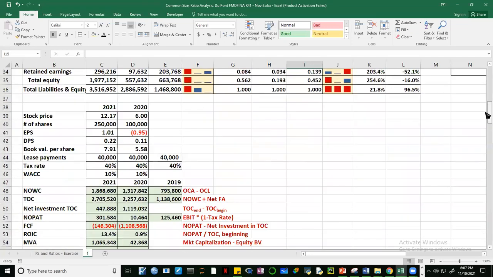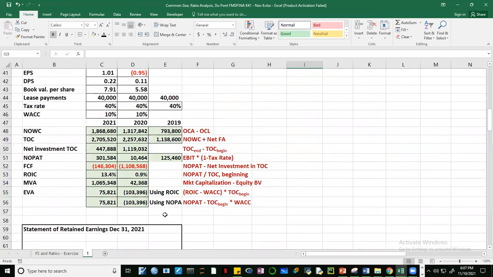Okay, so last time we computed again for these measures: NOWC, okay, TOC, net investment. Okay, so just a quick review, guys. NOWC is operating current assets minus operating current liabilities. And then TOC is simply adding whatever your net operating working capital is to your net fixed assets.